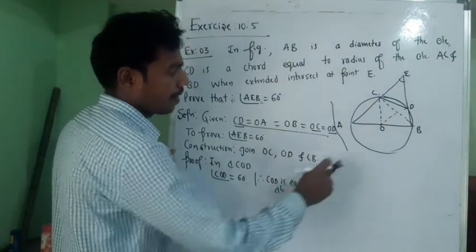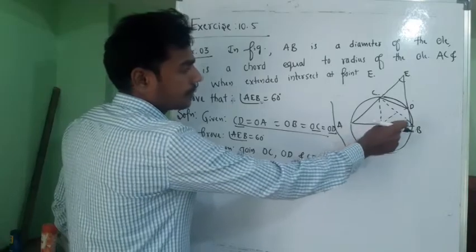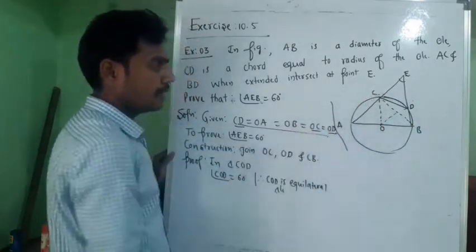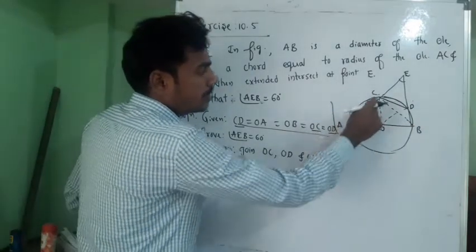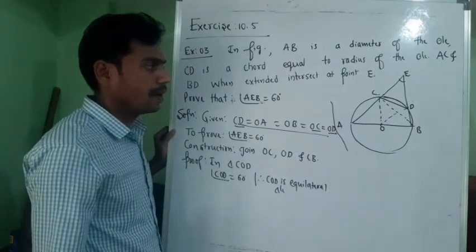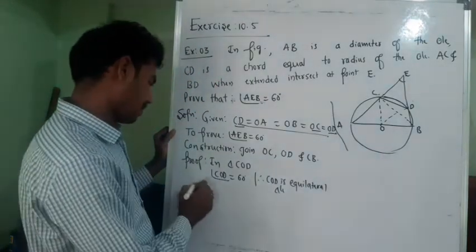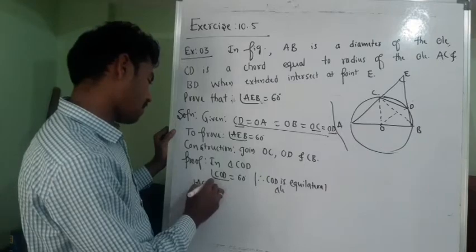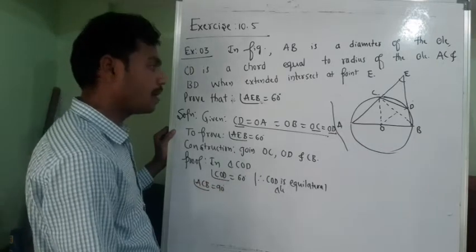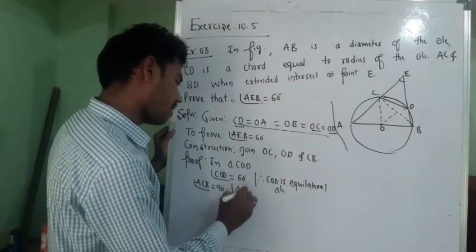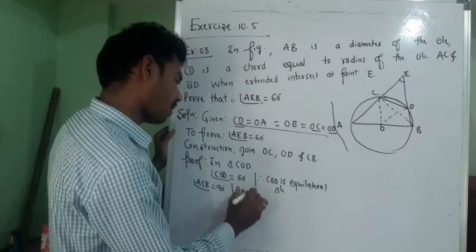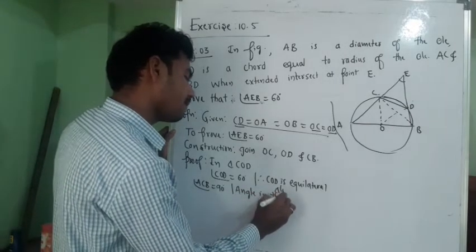So next, what we can write? See, angle ACB will be equal to 90 degrees. Why? Because it is an angle in the semicircle.